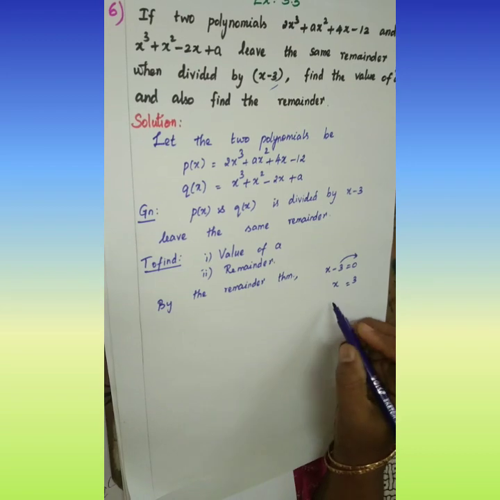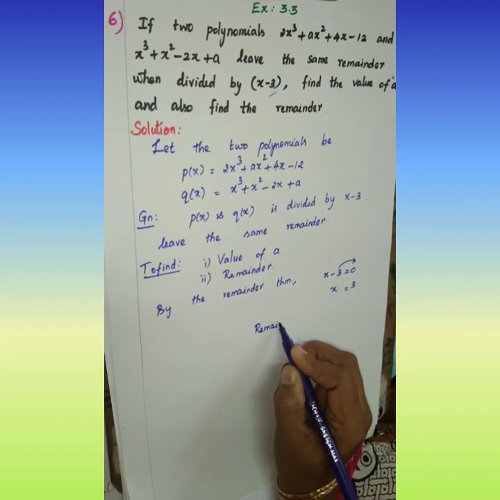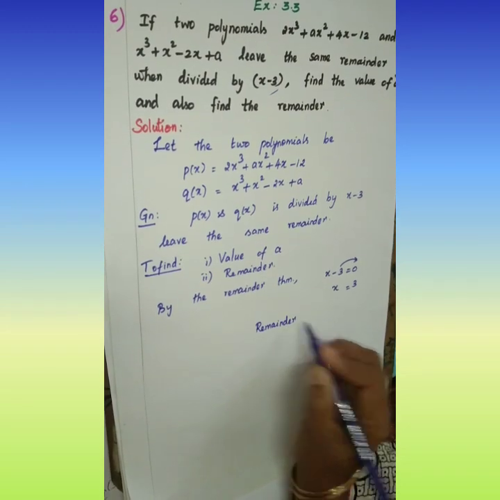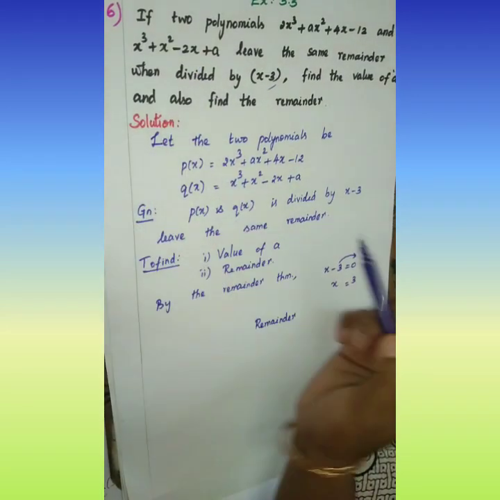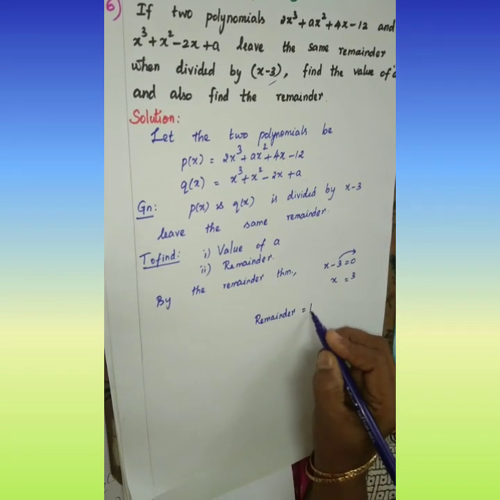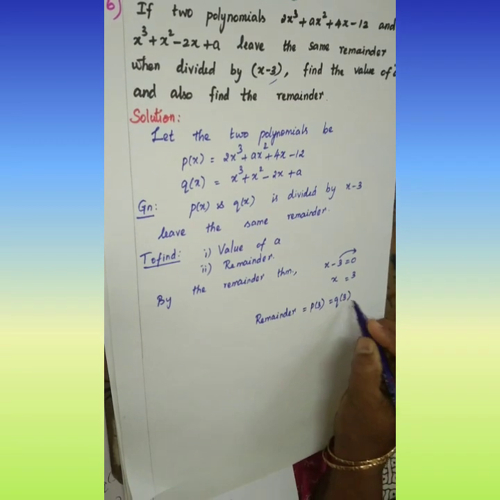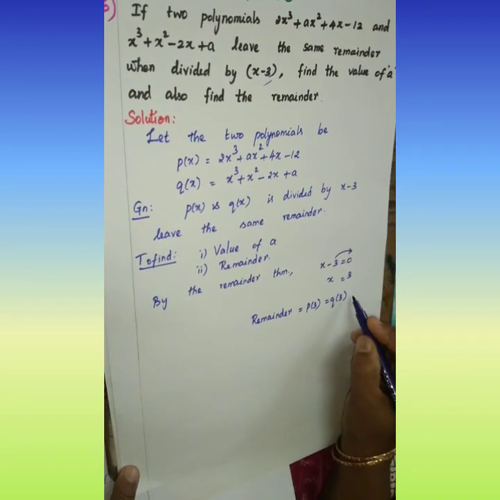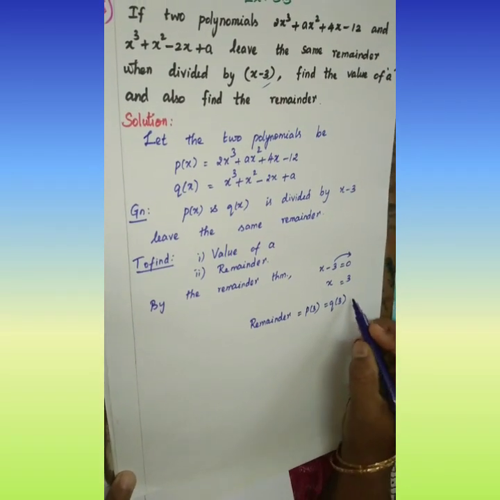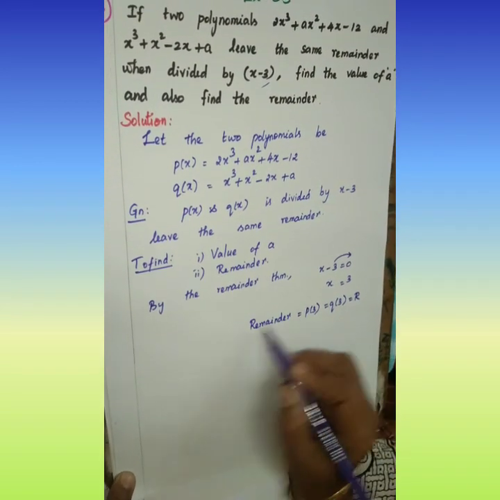Therefore, the remainder is, when both polynomials are divided by x minus 3, we'll get the same remainder. So we can mention remainder is equal to P of 3 equal to Q of 3. Same remainder we can mention as capital R.